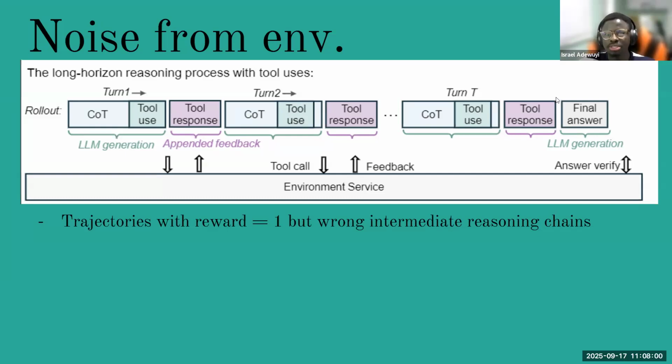Now, where the noise comes in with this setting is that, imagine the model is solving some mathematical problem. The model tries to verify something and writes, say, a small Python function. If this Python function contains some error, the model will spend a few turns trying to fix this error before it resumes its normal trajectory of actually solving the mathematical problem.